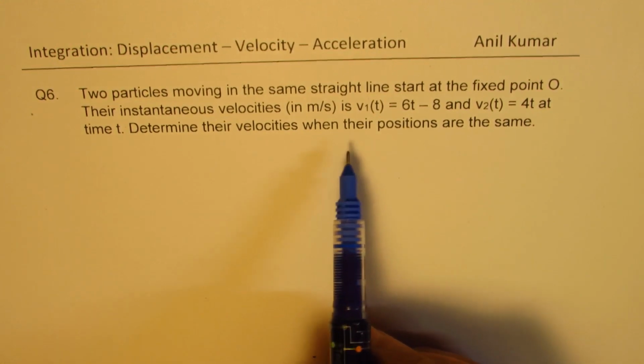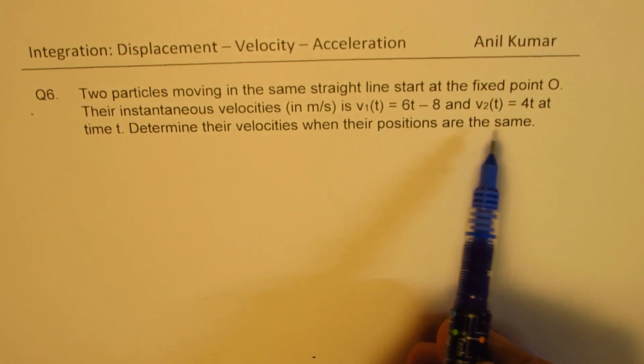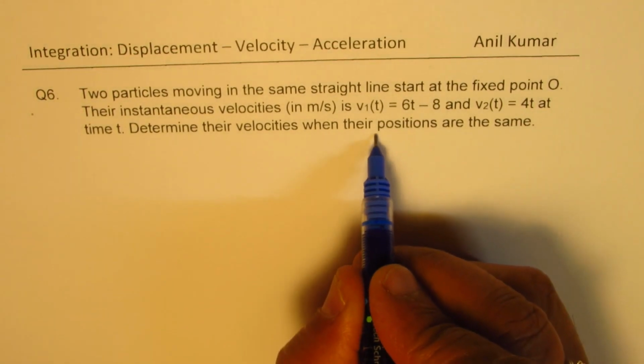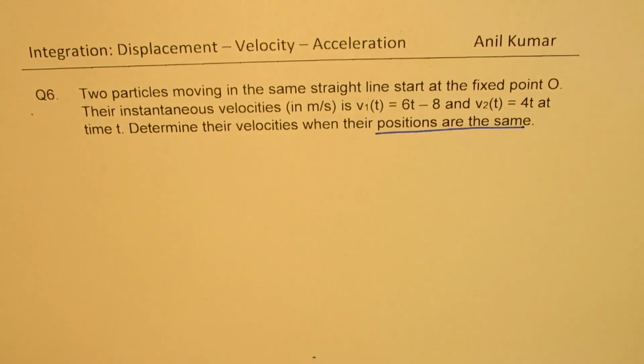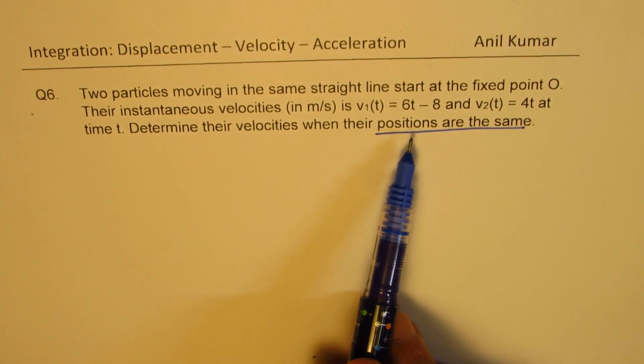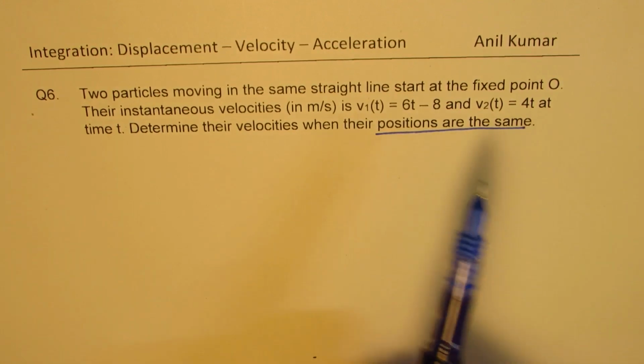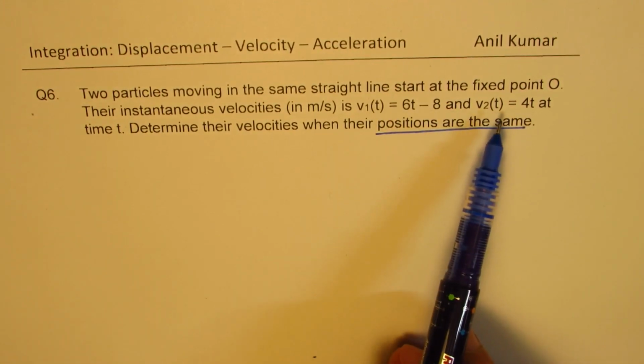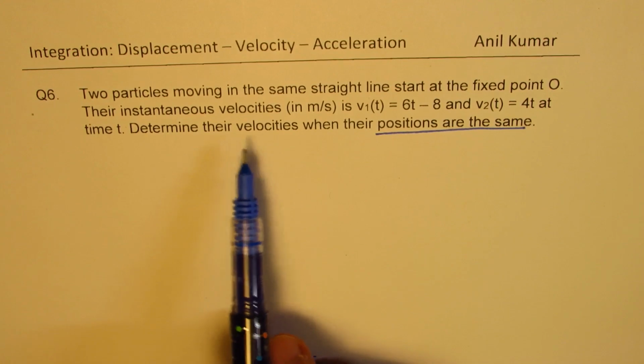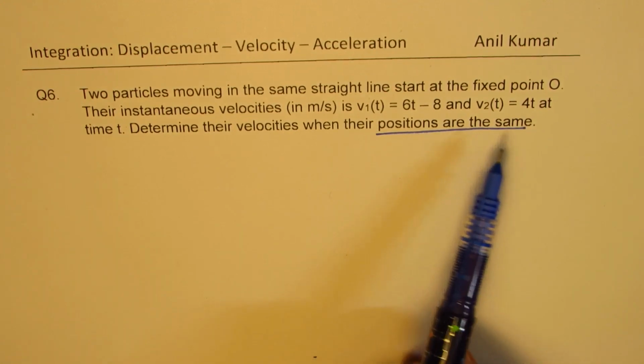Determine their velocities when their positions are the same. You can always pause the video, answer the question, and then look into my suggestions. So we need to first figure out when their positions will be the same, and at that time we need to find the velocities, correct? So determine their velocities when their positions are the same.